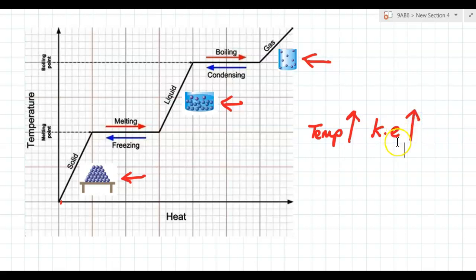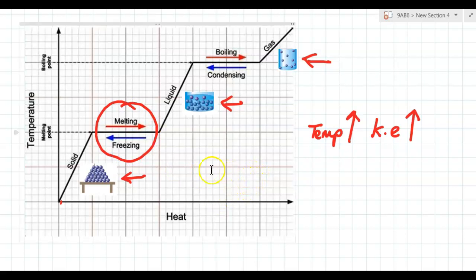Now, when it gets to the point where these particles have reached sufficient temperature to start to move away from each other, you can see what happens here, where the temperature doesn't change. So that's quite weird.